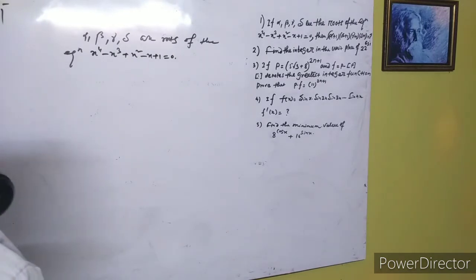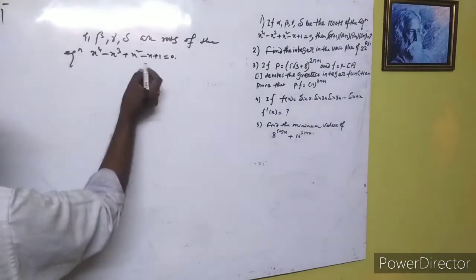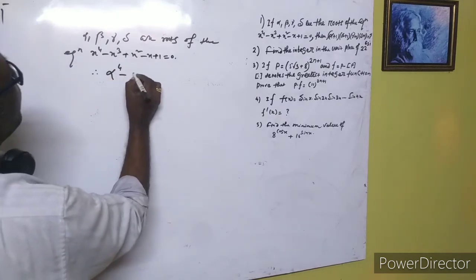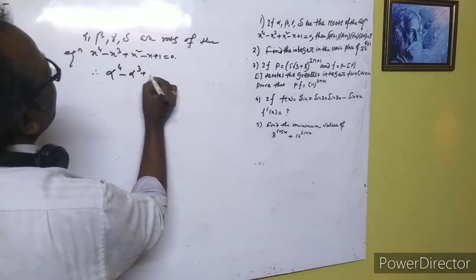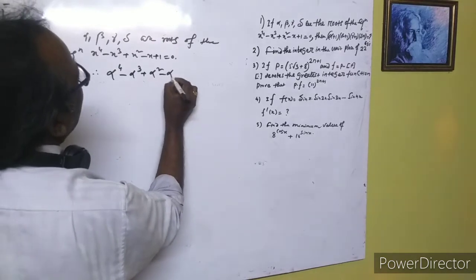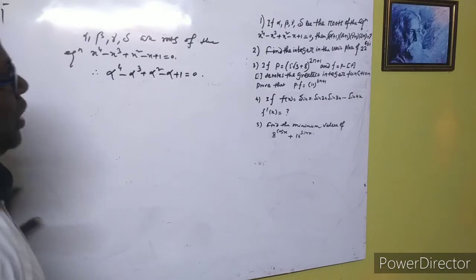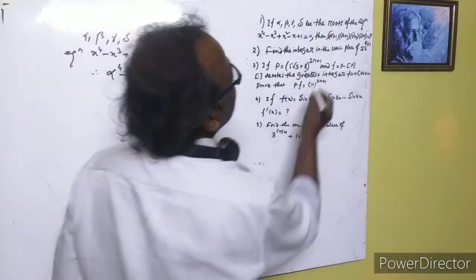Since alpha is a root, it satisfies this equation, so alpha to the power 4 plus alpha cube plus alpha square plus alpha plus 1 equals 0. Now we have to find the value of this product.